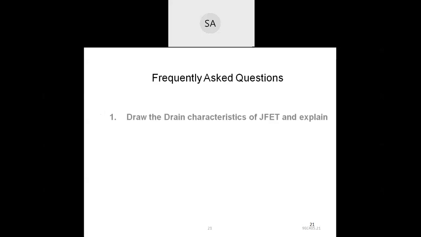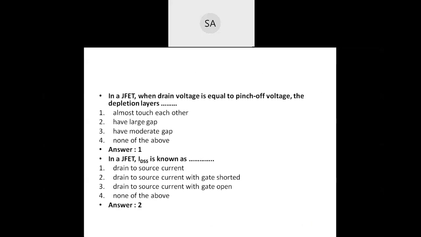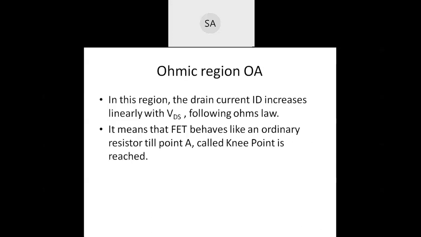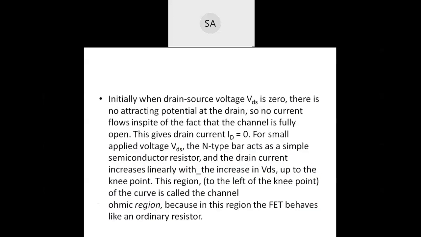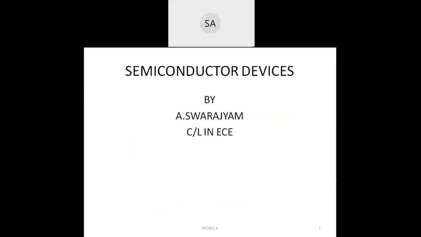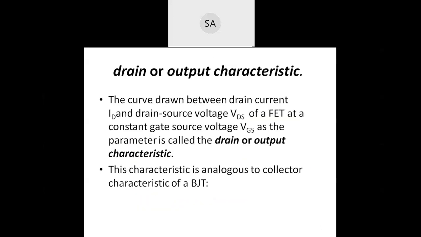The answer is drain to source current with gate shorted. That is answer 2. So these are the topics we discussed in this one, that is the drain characteristics of the JFET.